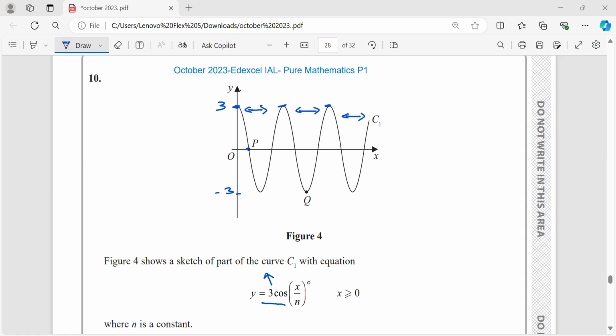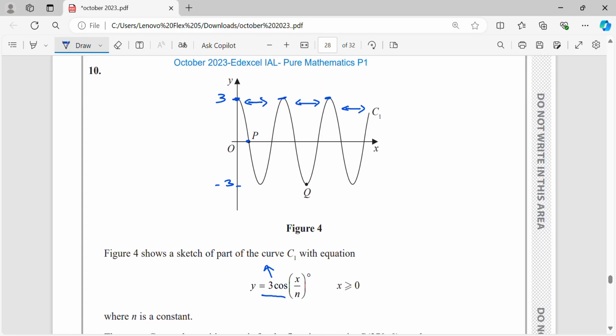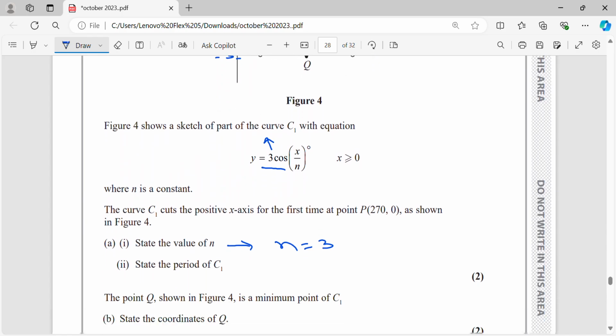Basically, the period goes from any point to the next matching point, and we know that the period of a cos graph is 360 degrees. So now let's go back to our question. If n is 3 here, it means that the period of this graph is 3 times 360, which is 1080 degrees.